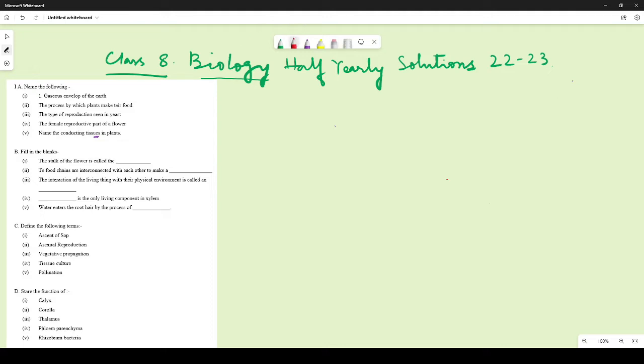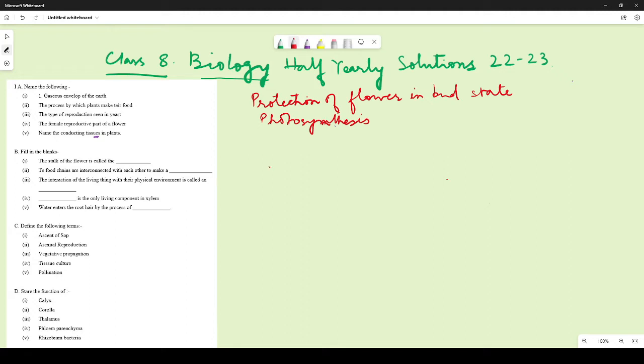Now you know calyx, it is responsible for protection of the flower in bud condition. So when the flower is in the bud state, then calyx helps to protect it, and also because it is green in color, it helps in photosynthesis, right?